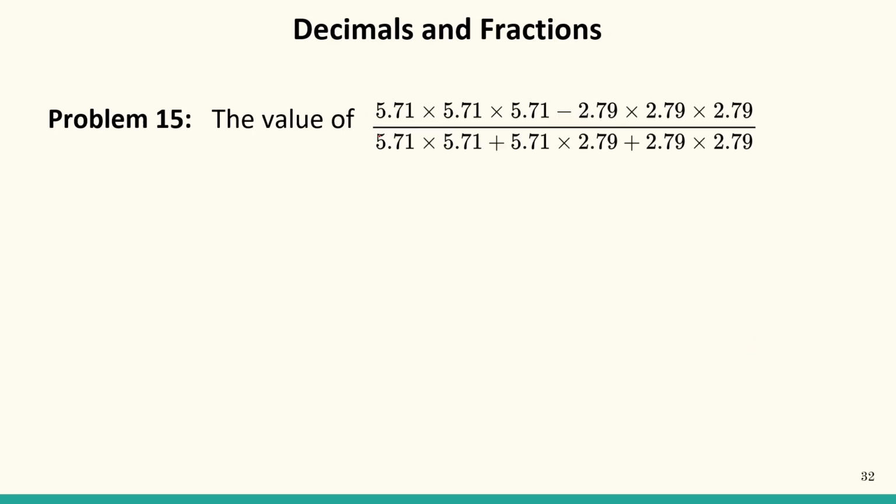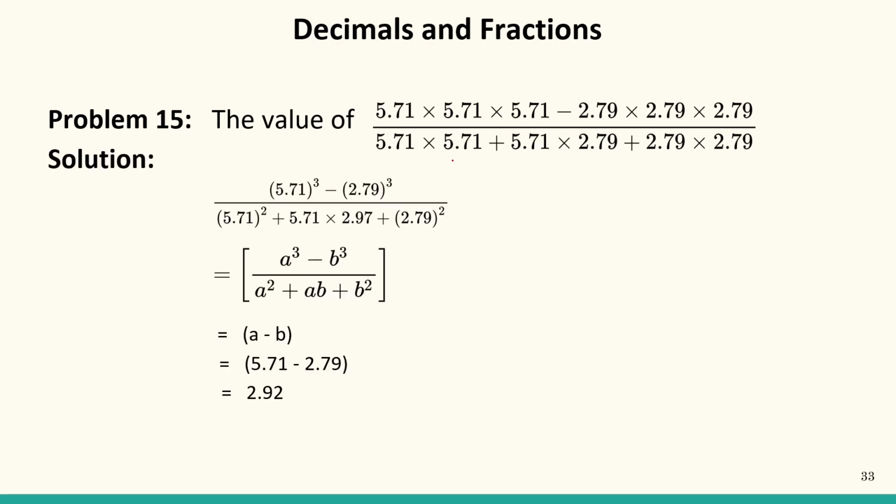So the value of 5.71 into 5.71 into 5.71 minus 2.79 into 2.79 into 2.79, whole by 5.71 into 5.71 plus 5.71 into 2.79 plus 2.79 into 2.79. So we can write this one as 5.71 whole cube, and this part as 2.79 whole cube.